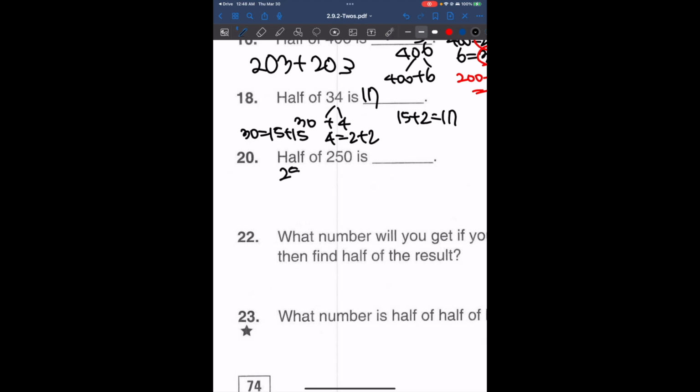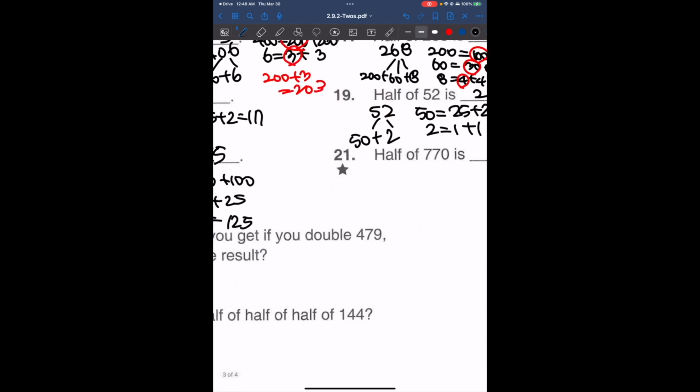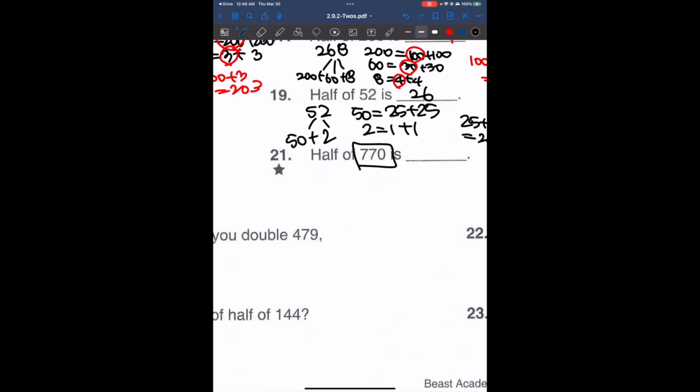Half of 250, which can be written as 200 plus 50. 200 is 100 plus 100. And 50 is 25 plus 25. So 100 plus 25 is equal to 125. We have half of 770.